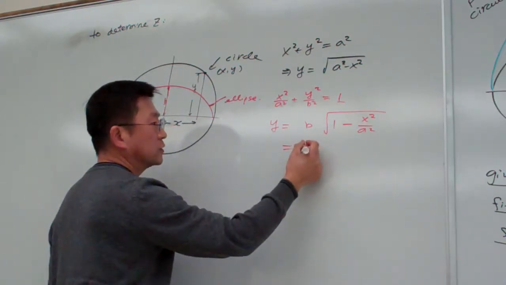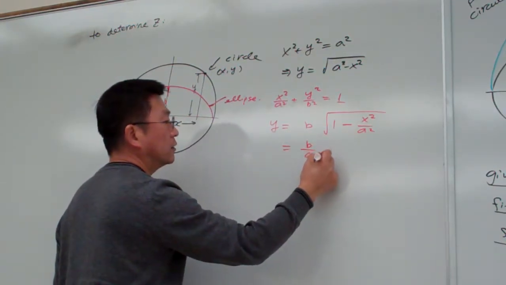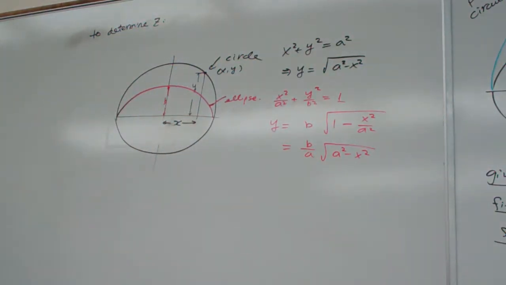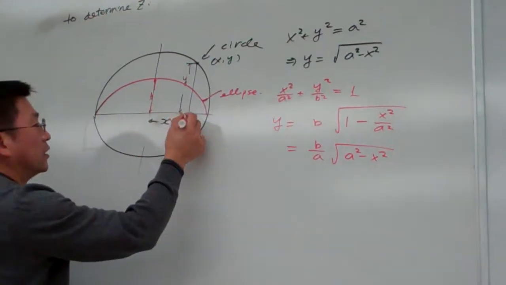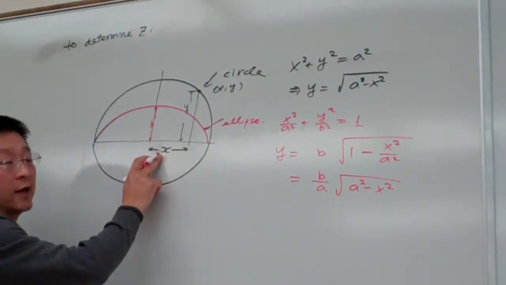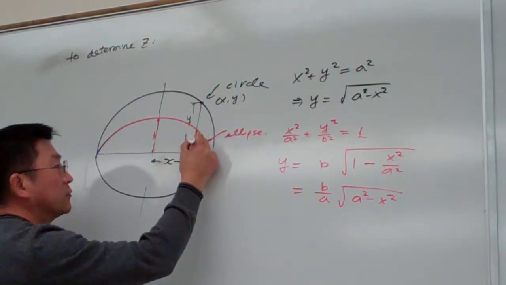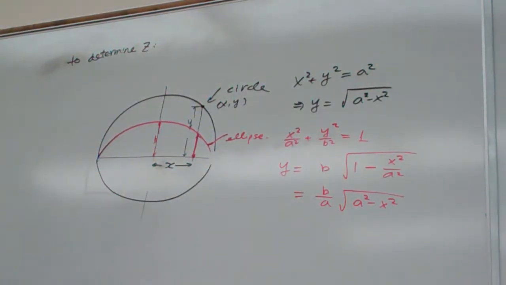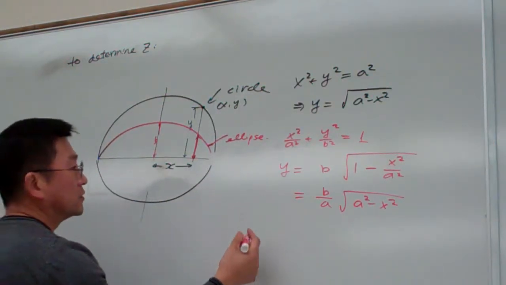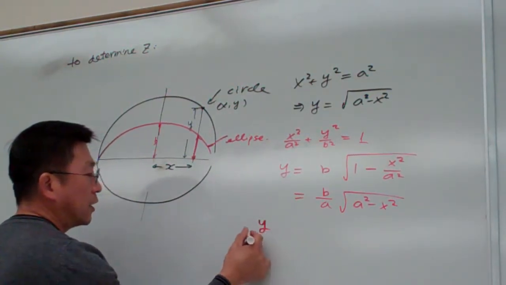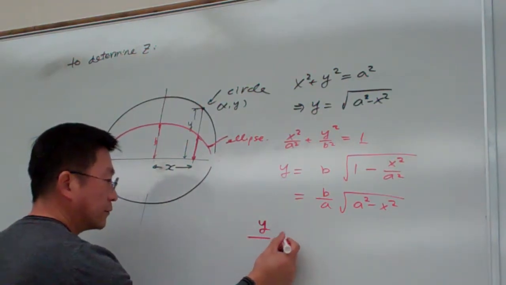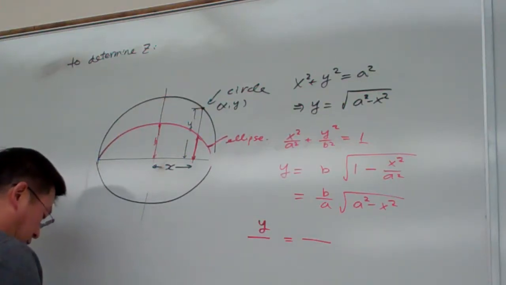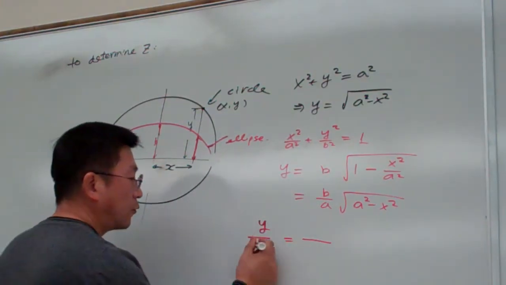Let me rearrange this one: b over a times the square root of a squared minus x squared. So that means if we are given the same value of x, this is the corresponding measurement of y on the ellipse. Compared to here, you can see, let me use the color B, y on the ellipse compared to y on the circle.